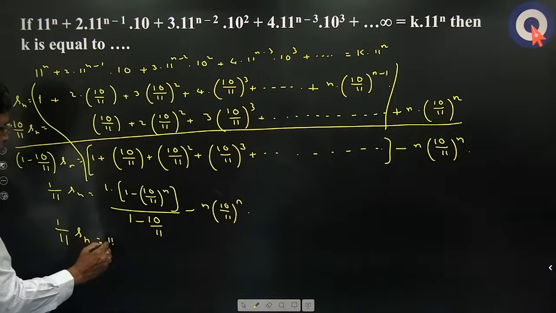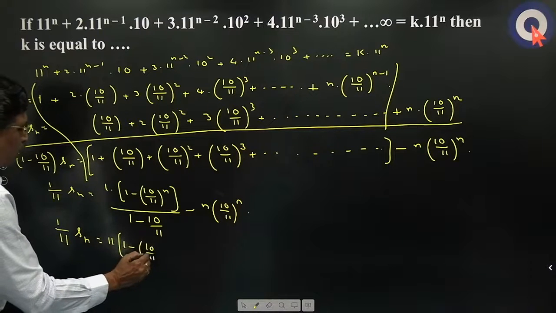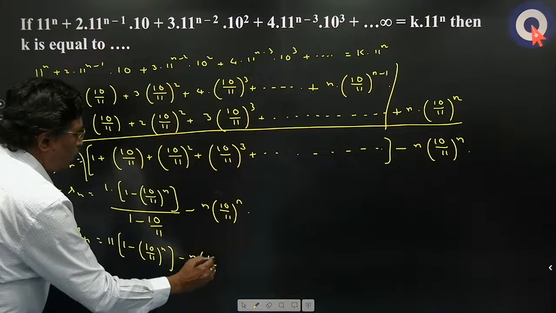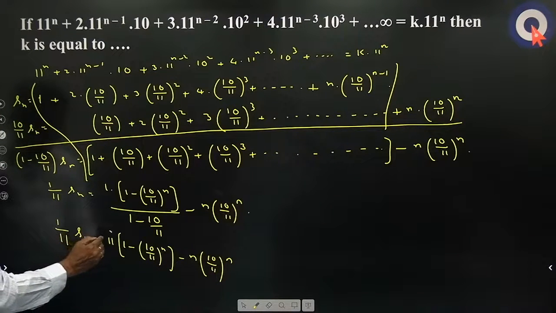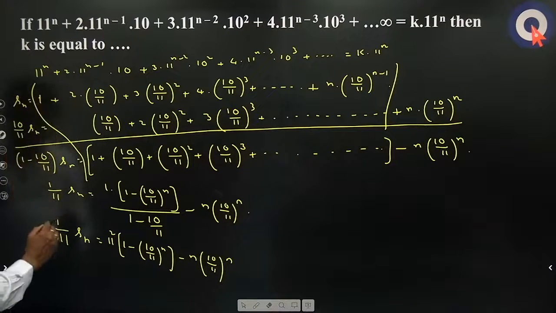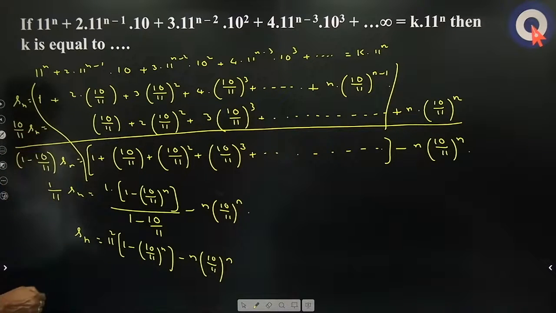Let this 11 be taken to the numerator: 1 minus (10/11) whole power n, minus n into (10/11) whole power n. This 11 also we can send this side, and we can remove this 1 by 11 here. All right. So this is the sum to n terms.